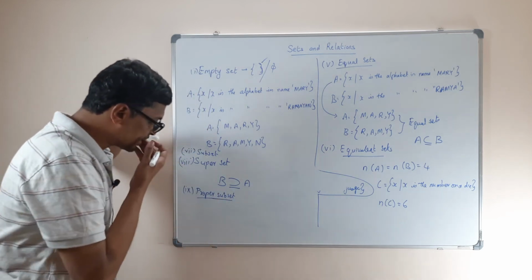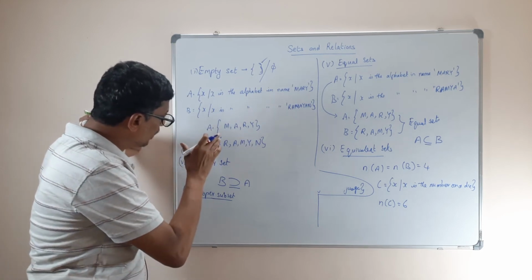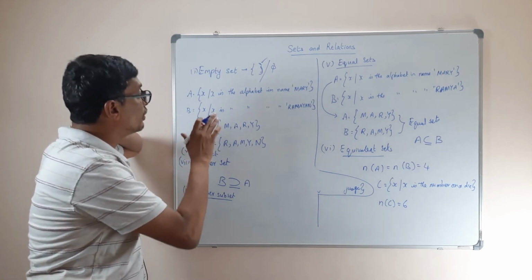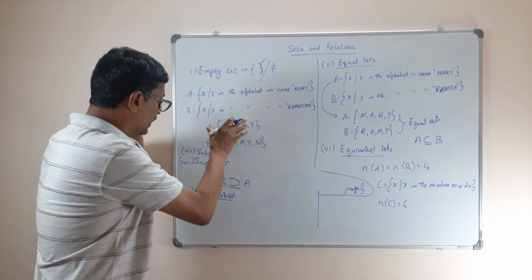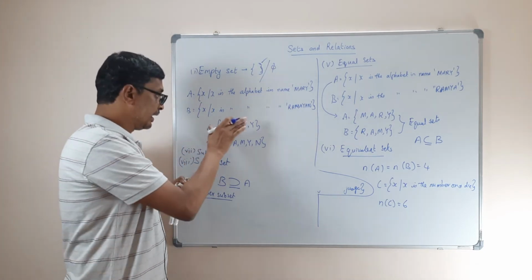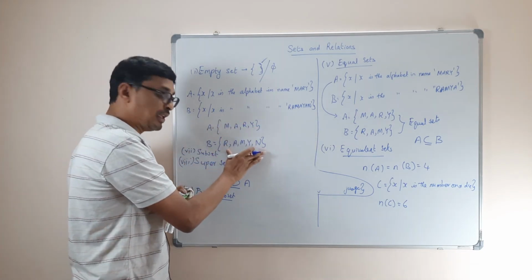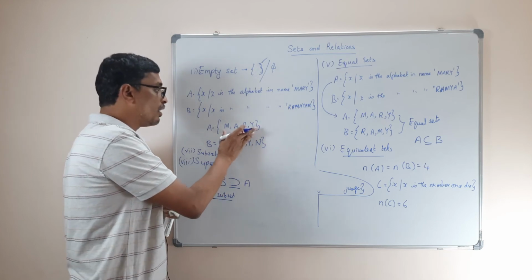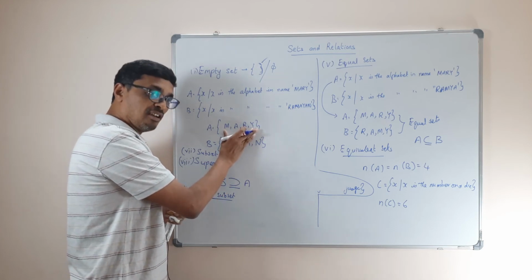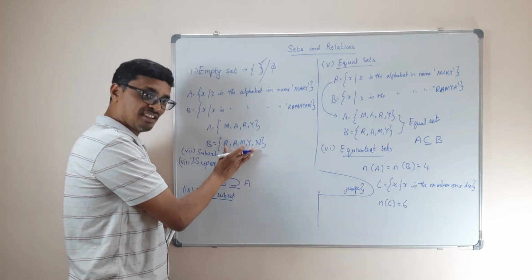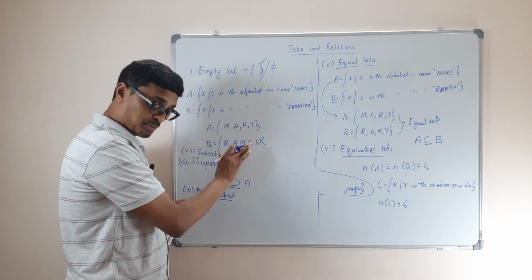Proper subset means, for example, let us take A is a subset of B. That means all elements of A are the elements of B, so we call it a subset.